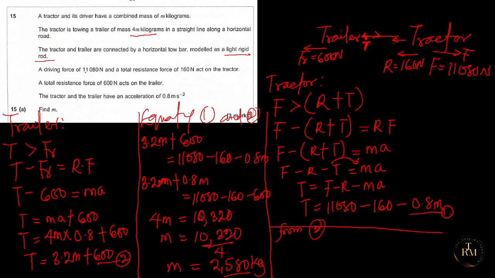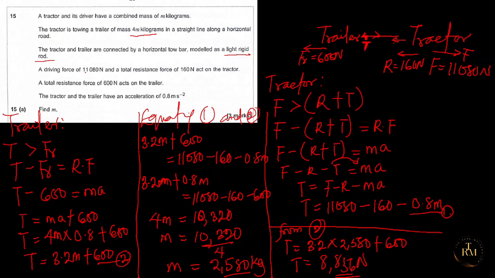From 2, the tension will be 3.2 times m, which is 2,580, plus 600. If I do that on my calculator, I get a value of 8,856 newtons. Newtons because the tension is a force.